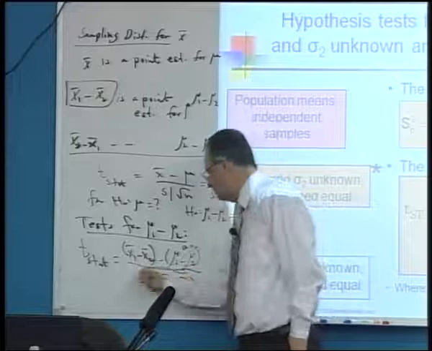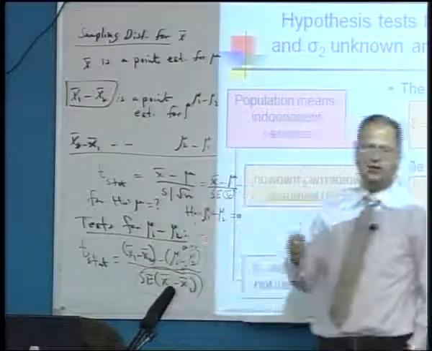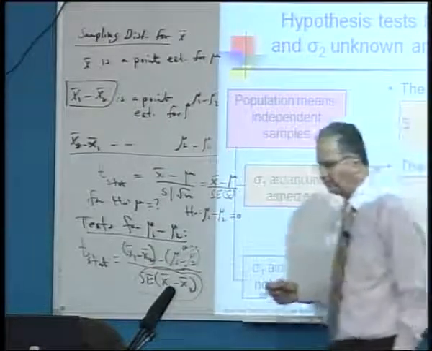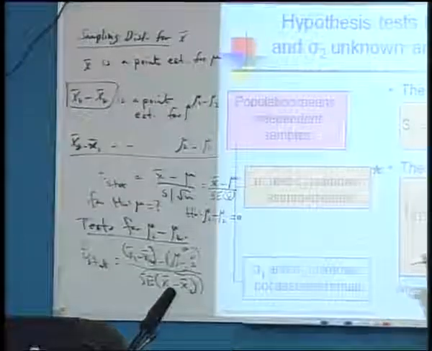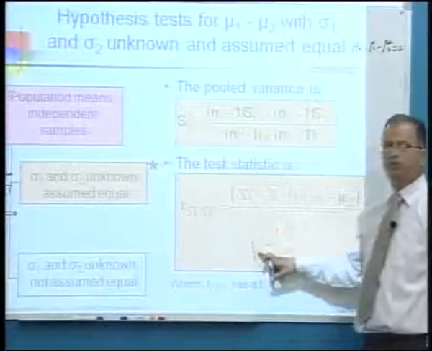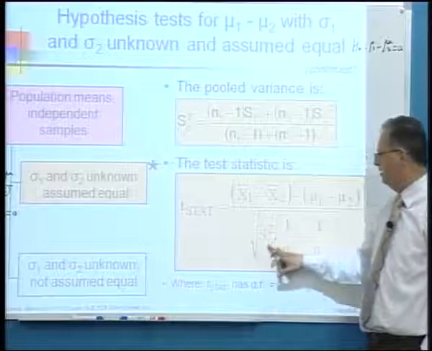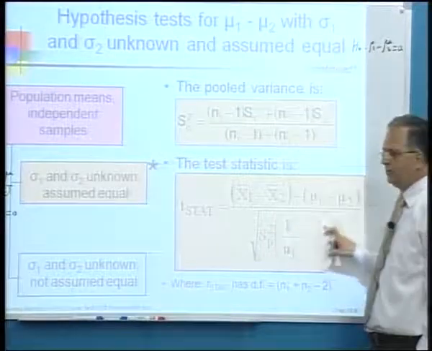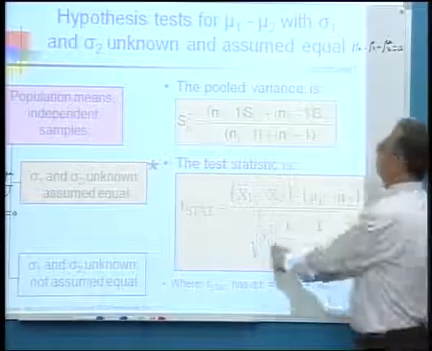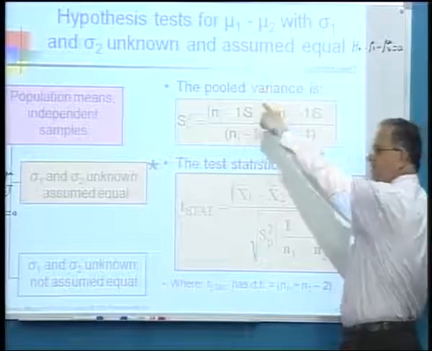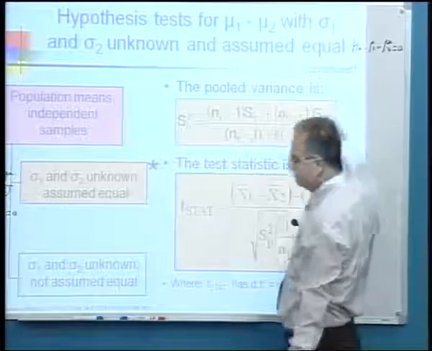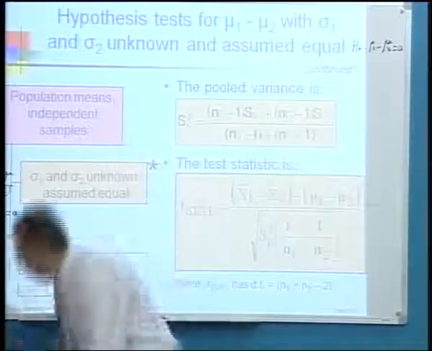So the new term is: how can we find the standard error of x1 bar minus x2 bar? This one is given by the square root of s_p squared multiplied by 1 over n1 plus 1 over n2. S_p squared is called the pooled variance, and it is given by this equation.